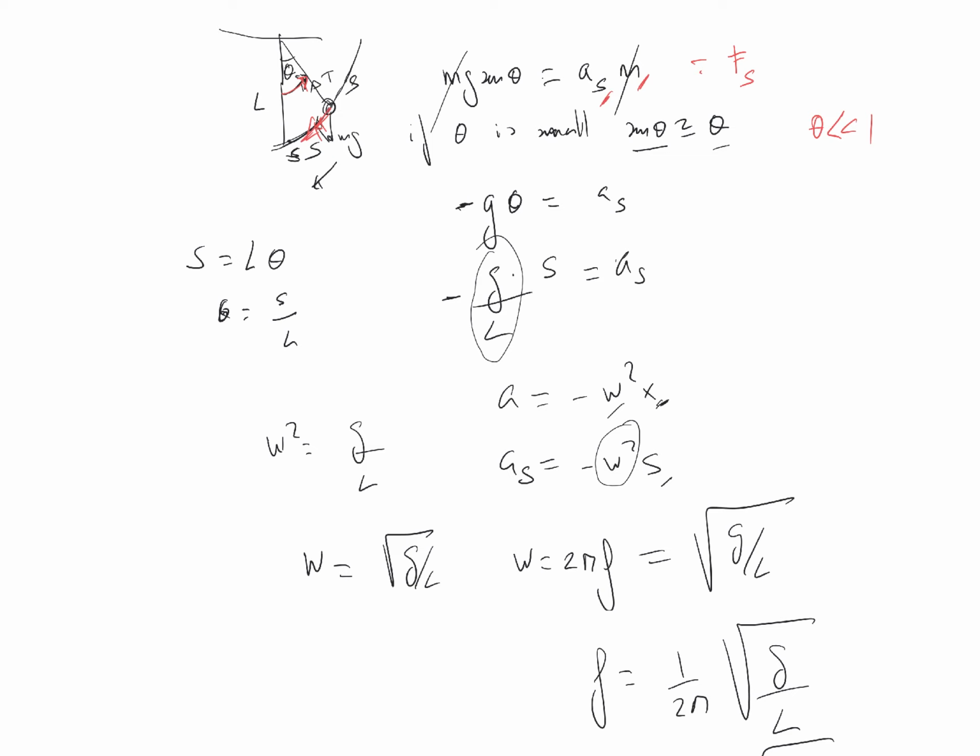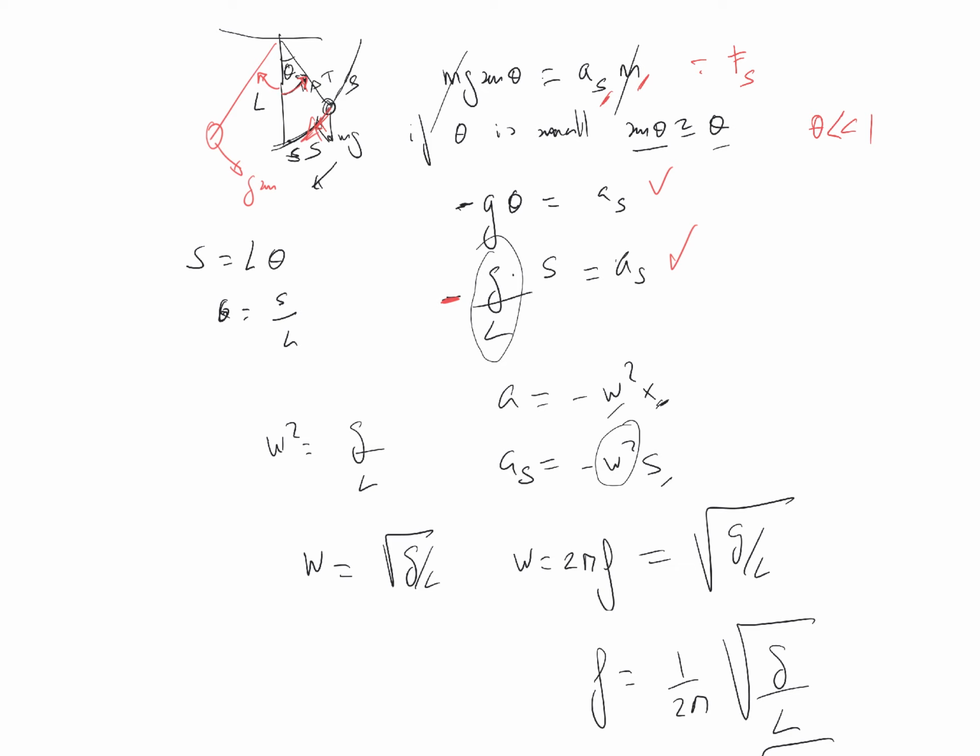On the other side, you will see that g sine of theta is going in this direction, and the angle is going in the opposite direction. So there is a minus sign here. Okay, so this is the equation.